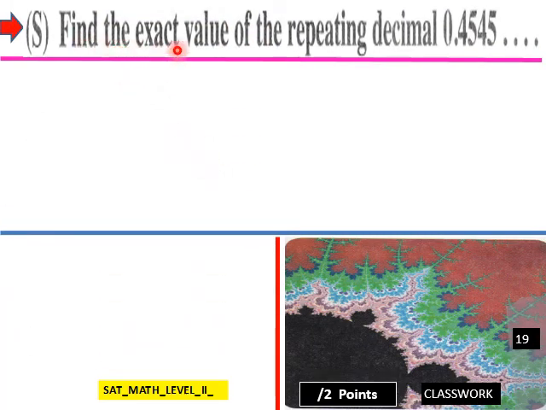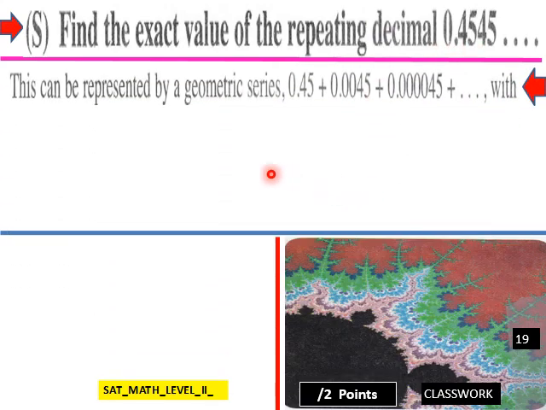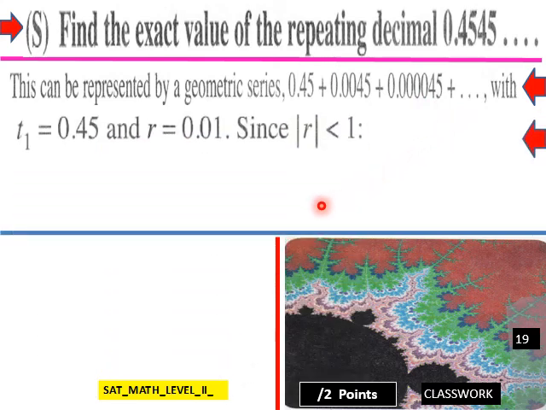Find the exact value of the repeating decimal 0.4545. This can be represented by a geometric series of 0.45 plus 0.0045 plus 0.000045 plus so on, with term 1 equals 0.45 and r equals 0.01.